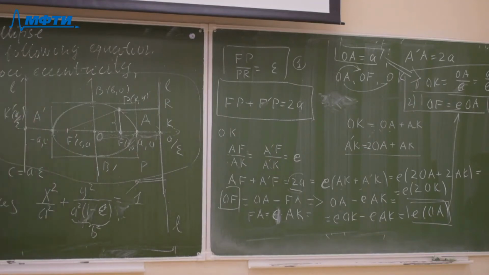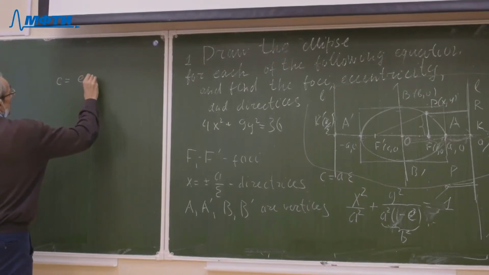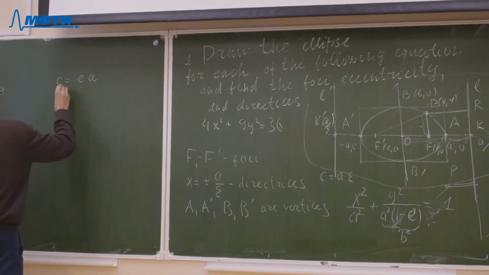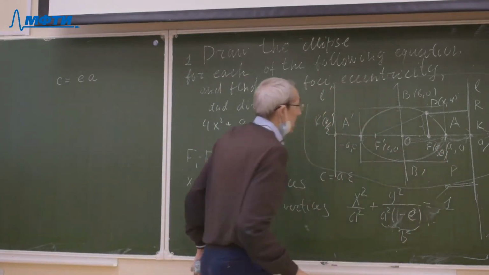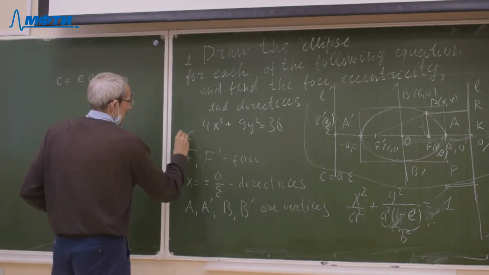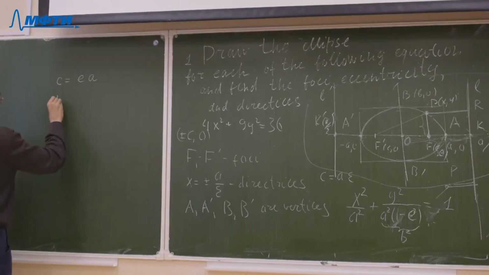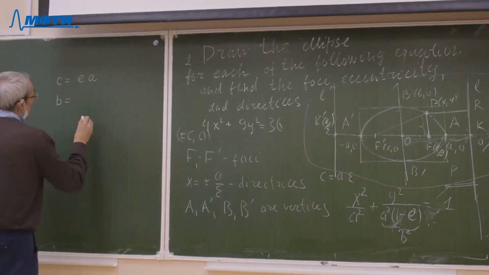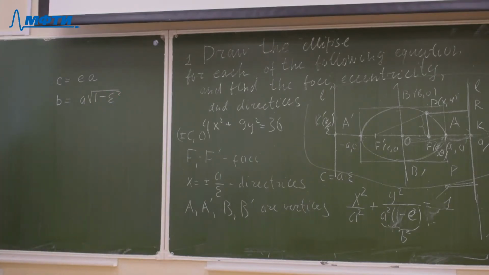And we obtain the following equality: c is equal to E times a, and let the coordinates of the foci be plus or minus c, 0, and b is the product a times the square root of 1 minus e squared.